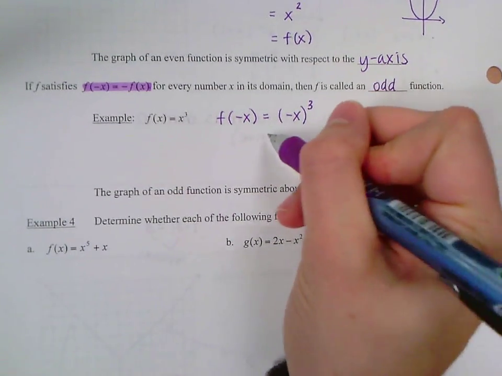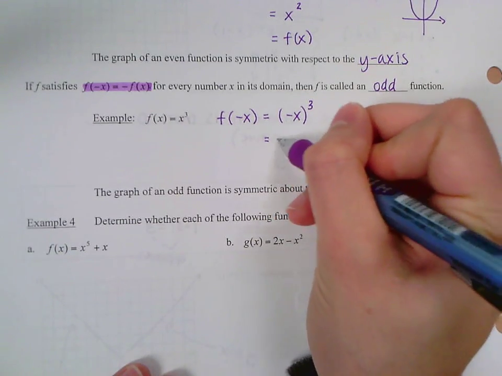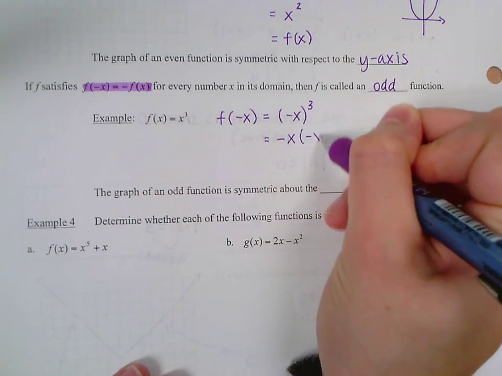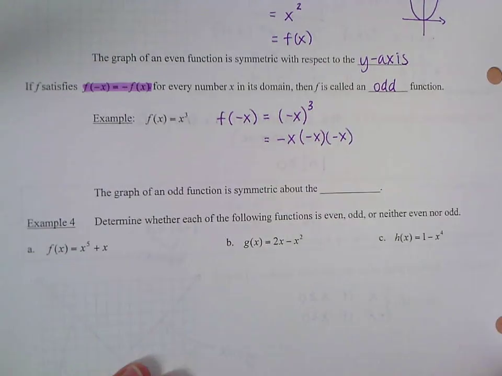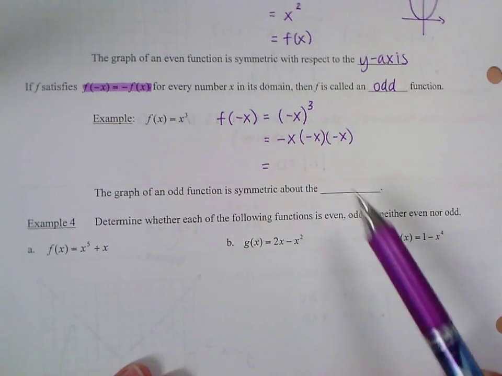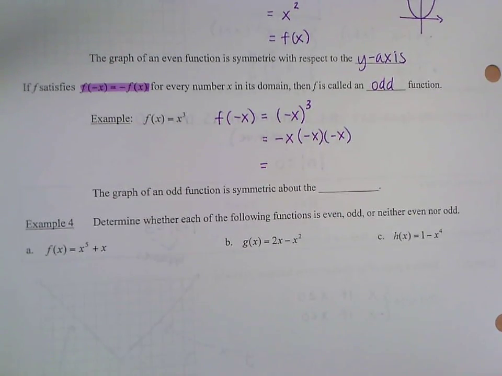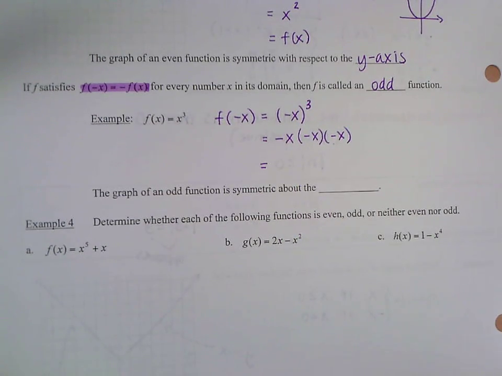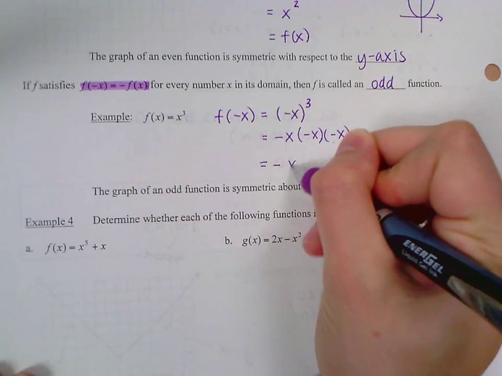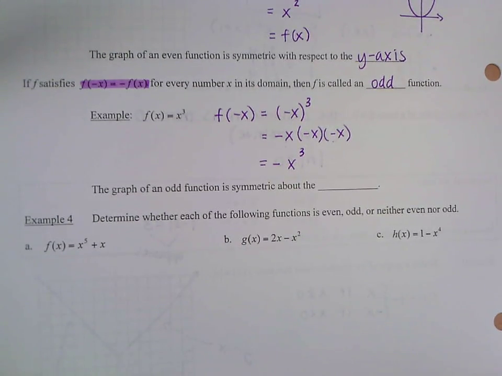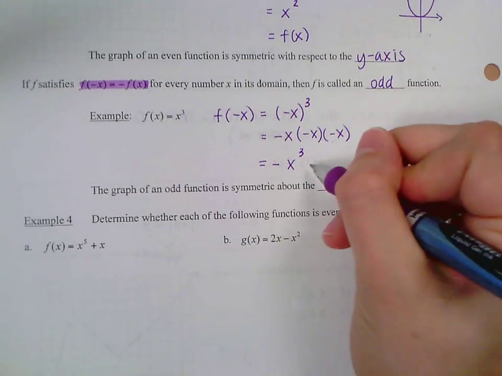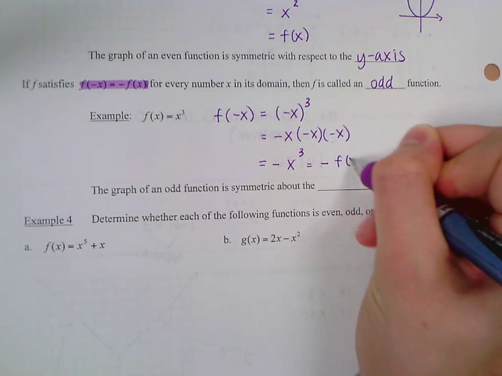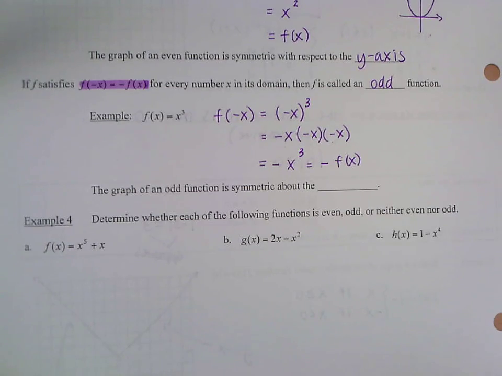To help show this, it really means I'm taking negative x and multiplying it by itself 3 times. So I still have x cubed, but a negative times a negative times a negative is now negative. So I have negative x cubed, which is the opposite of positive x cubed. So this is the opposite of my original function f of x, and thus it's odd.